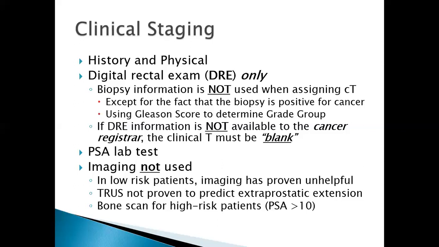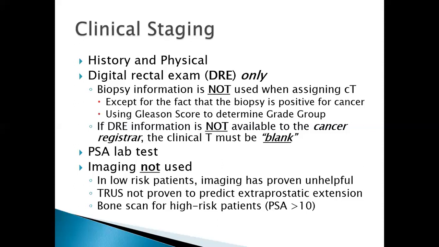Bone is the most common metastatic site for a prostate primary, okay? When the book states that imaging should not be used to assign the clinical stage, this means when it comes to the primary tumor extension, okay? Not to the distant metastases by CT scan or bone scan, all right?